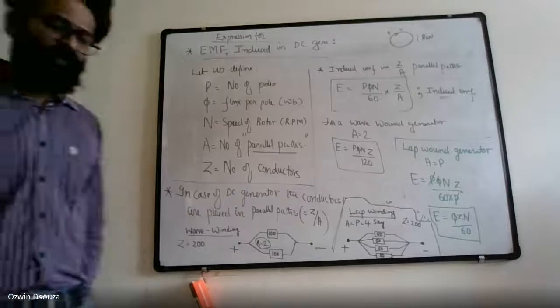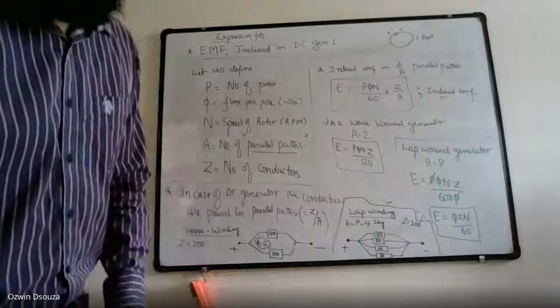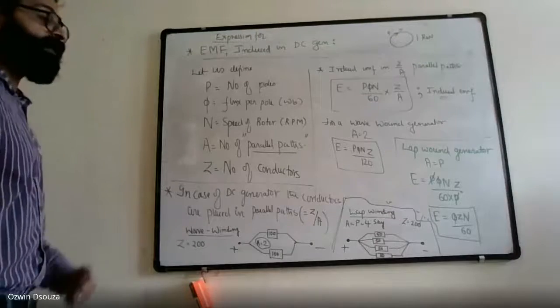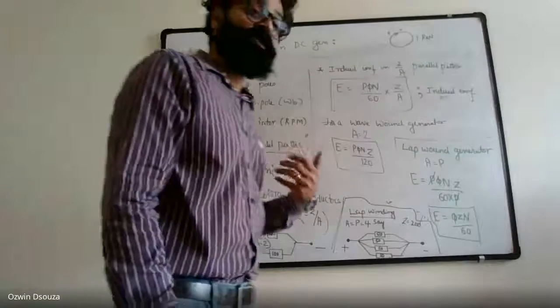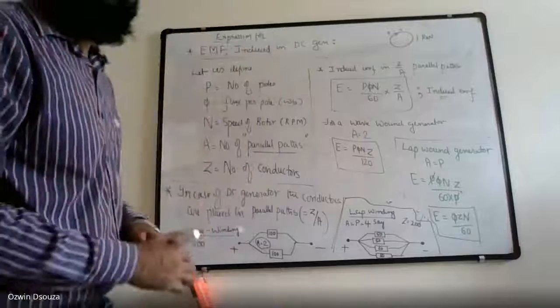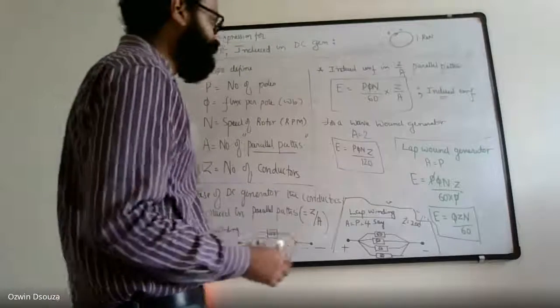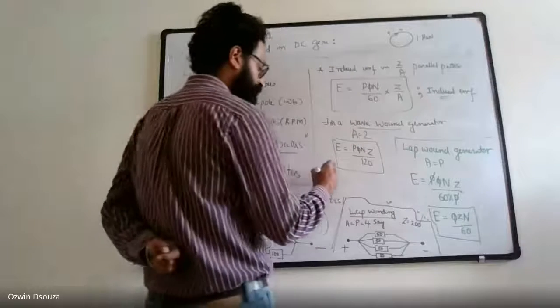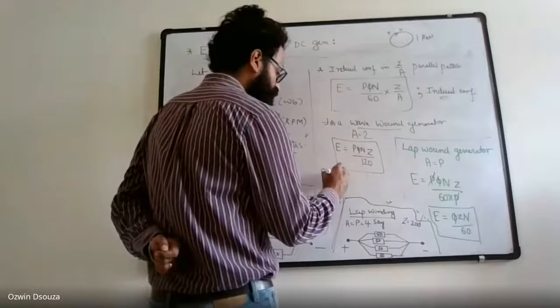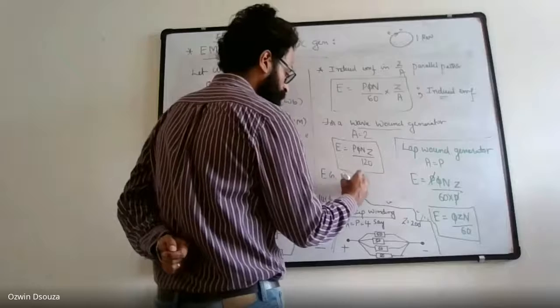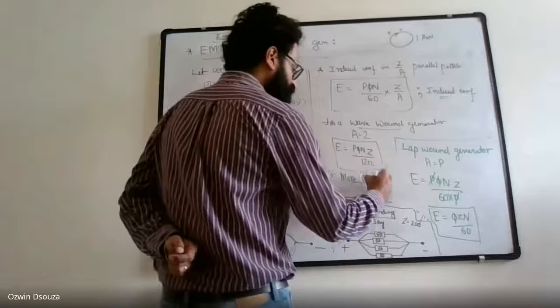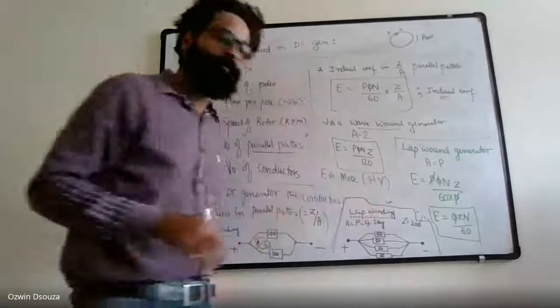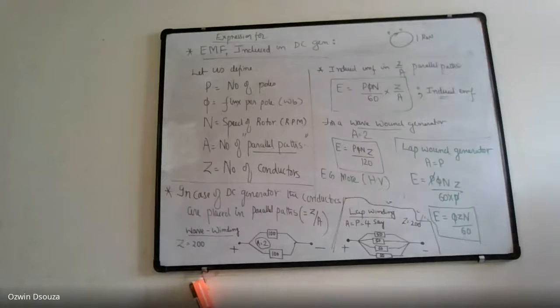So based on the type of DC generator, you can end up producing more voltage or less voltage. Normally, in case of a wave wound machine, E is more. That is, if you want to produce high voltage, you can go for a wave wound generator.